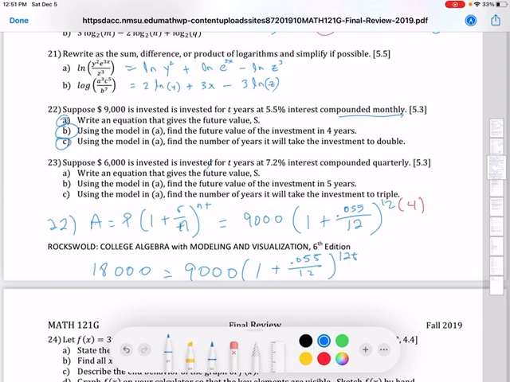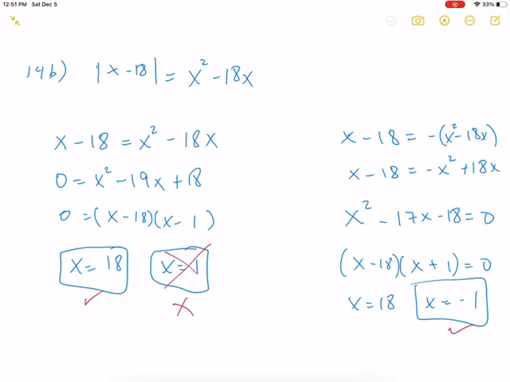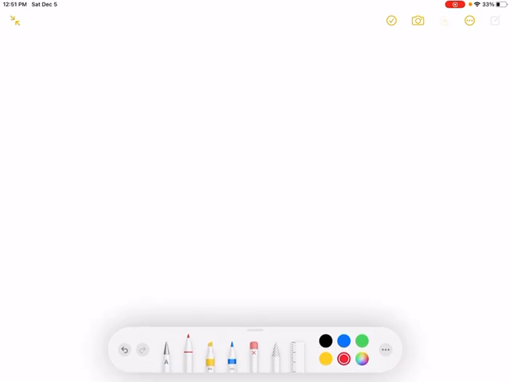You're going to use logarithms. So 18,000 equals 9,000 times 1 plus the rate, 0.055 divided by 12, to the 12t. So we're going to divide 9,000 to the other side.